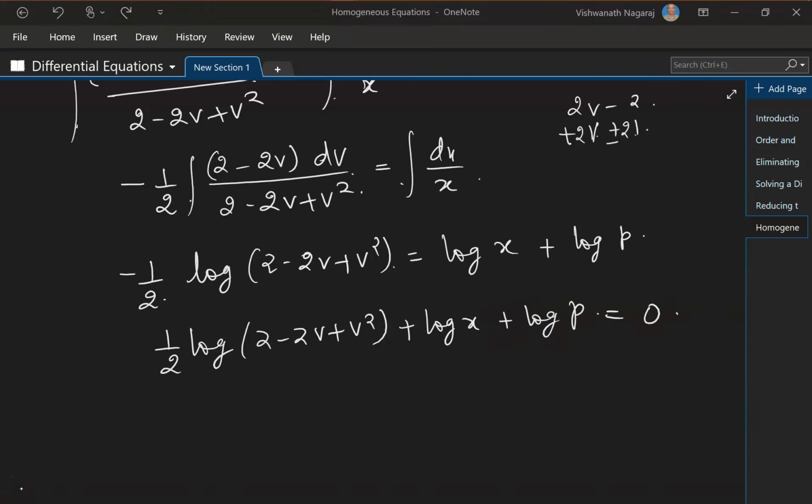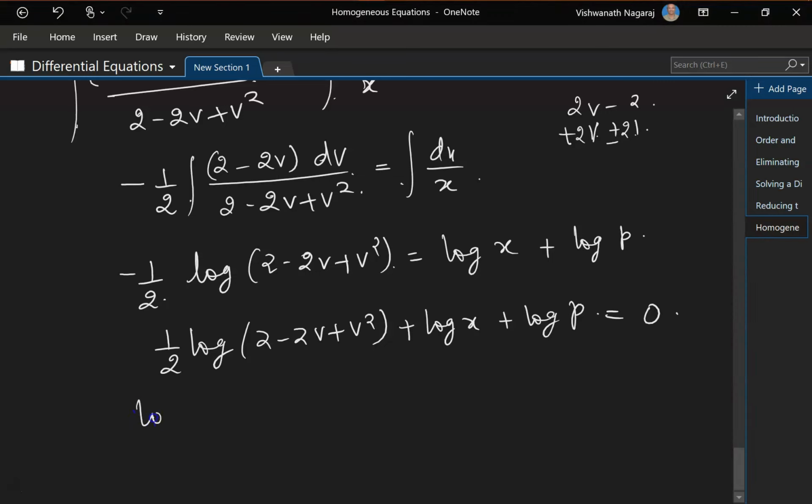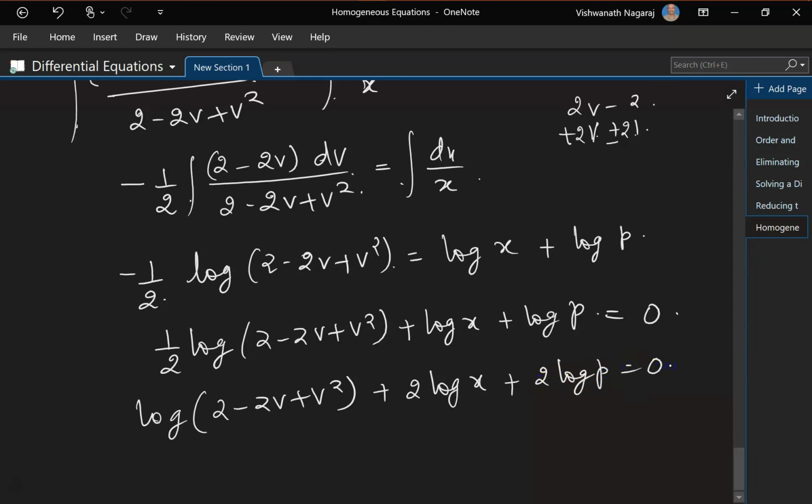Let's multiply the whole thing, both the sides, by 2. So when we do that, this 1 by 2 disappears. So log of 2 minus 2v plus v square plus 2 log x plus 2 log p equal to 0.